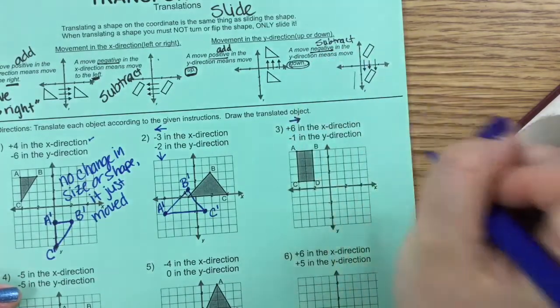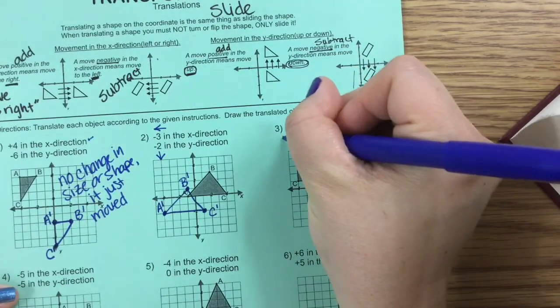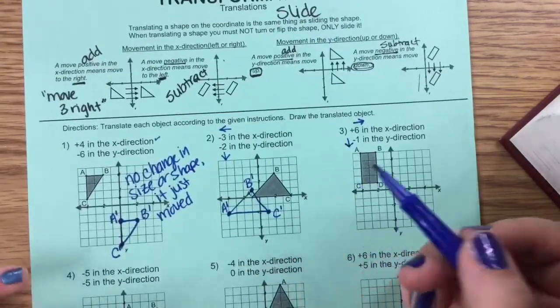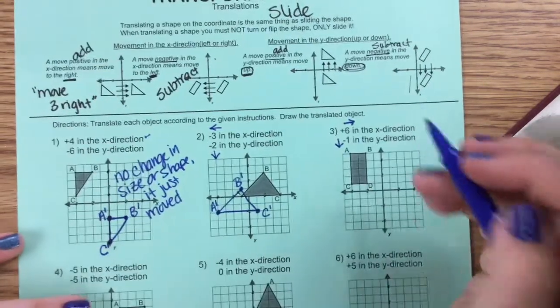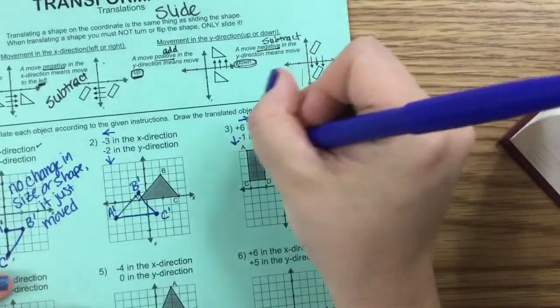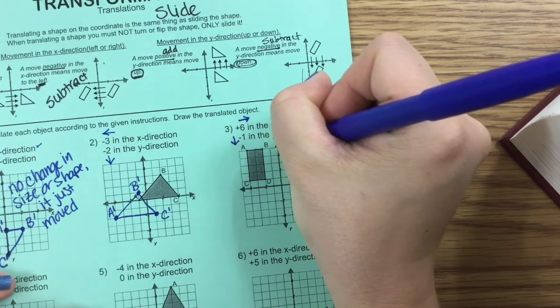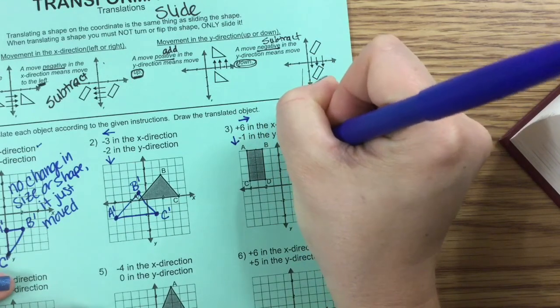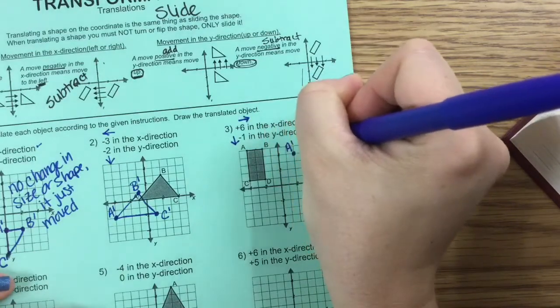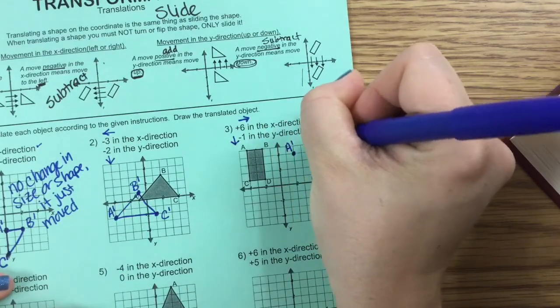Do one more. 6 positive means to the right, and -1 means down. Now all of these happen to be negative, so they all happen to go down, and obviously that's not going to happen every time. So we're going to move 6 to the right, 1, 2, 3, 4, 5, 6, and down 1.